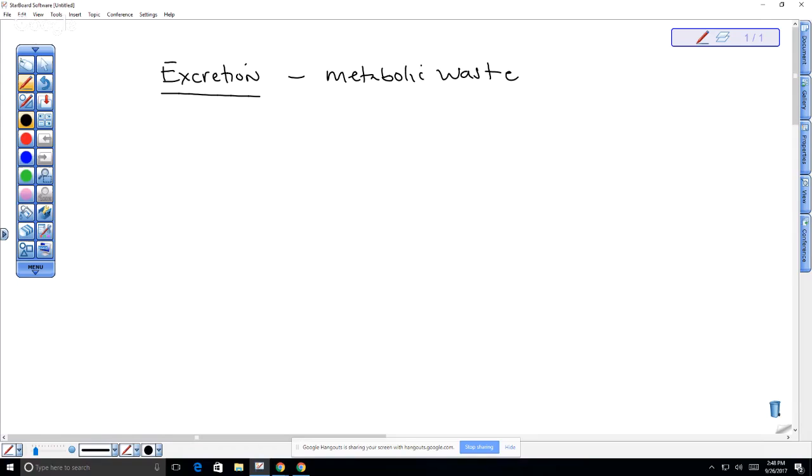Okay, so metabolic waste. So the urinary system. What else? One more system. Integumentary, excellent. So this is sweat, right?